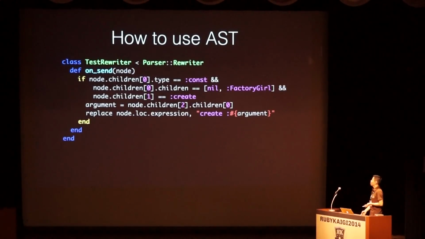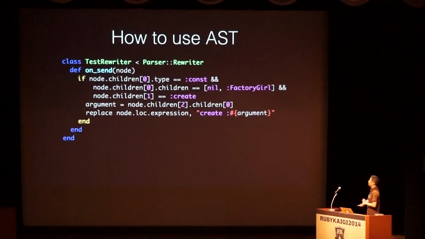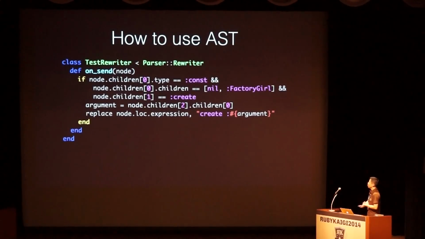So this is the code based on the parser gem that can rewrite your code. This is the same example, right? Like the FactoryGirl.create to create style. So you can see the code. It will listen on the send node.